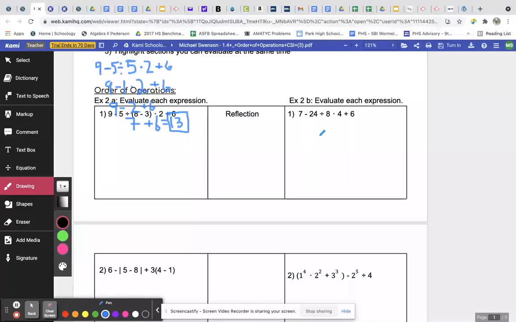So the second one, we're going to go through, do the division first. We've got a times, we've got an add, we've got to subtract. Okay, like the previous one, we're going to do the multiplication first. 3 times 4 is 12.